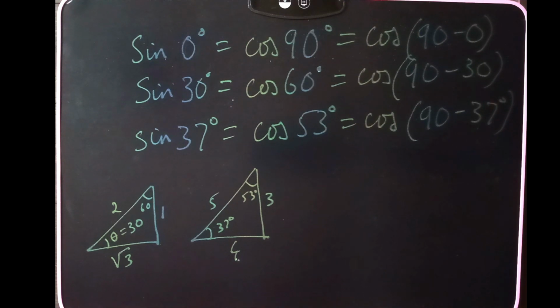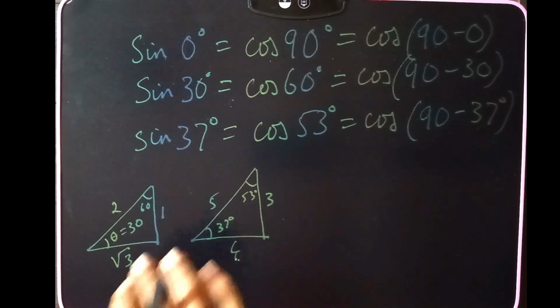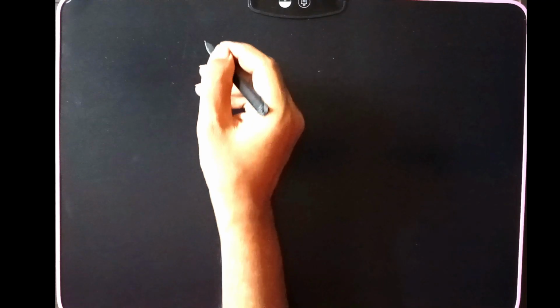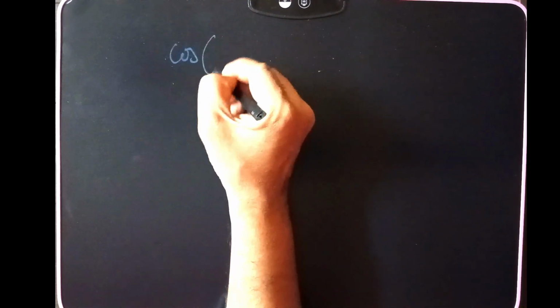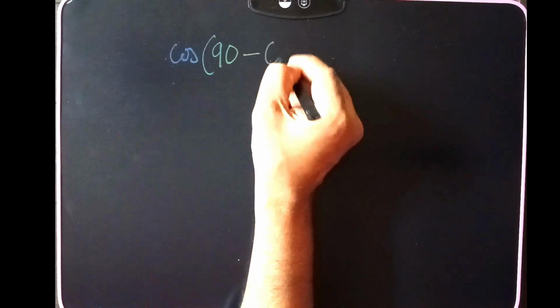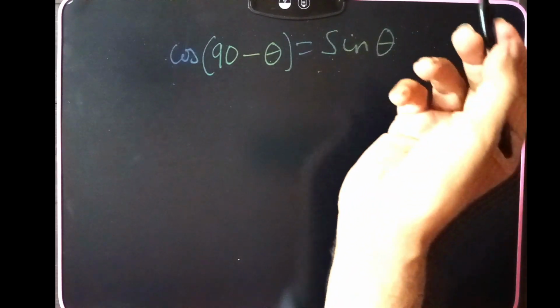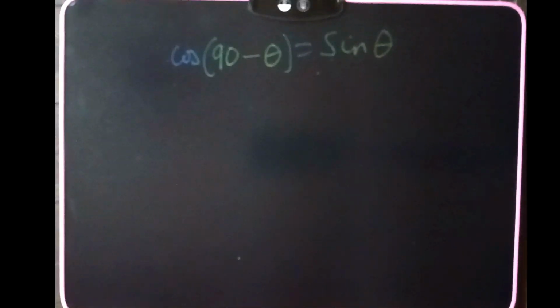So let's proceed. Let us see some of the few relations. Okay, let's see the next. A few relationships which I wanted to remember is cos of 90 minus theta is equal to sine of theta, right? We already derived it from the previous slate, right?